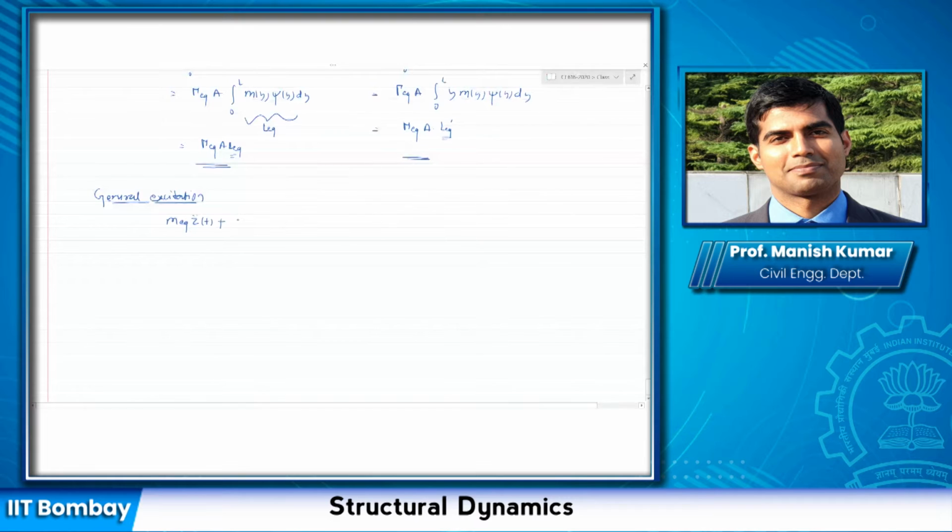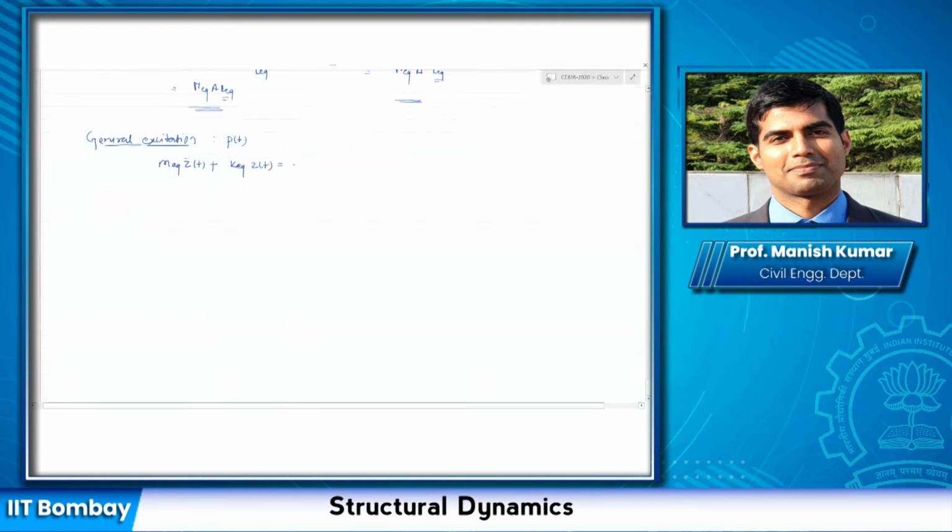Okay. So for any general excitation p(t), if it is given, let me write slowly here. Let us say this is P equivalent of t. So what is the P equivalent of t? This P equivalent of t for earthquake excitation, we found out, came out as L equivalent times ug of t.